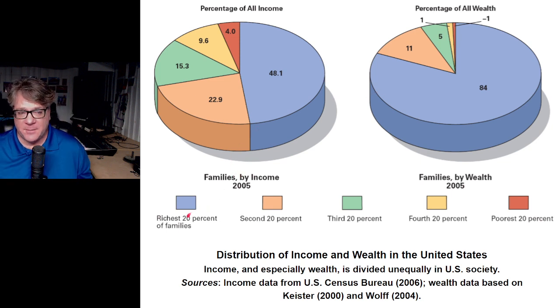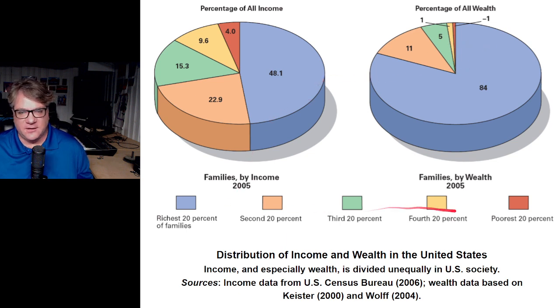You have it broken out by quintiles, so 20% each, right? Now, if this was equality, then all of the pieces of the pie would be equal, right? Just like a pizza you get from a pizza restaurant. But this is what inequality looks like.